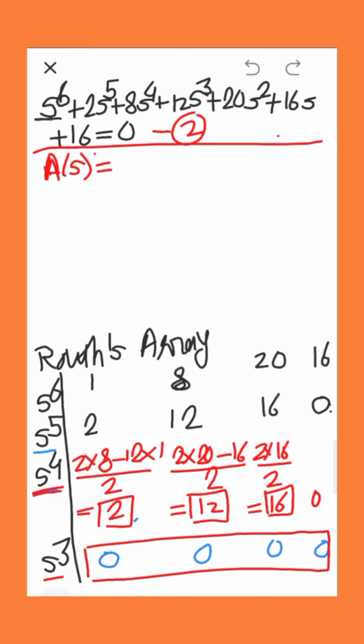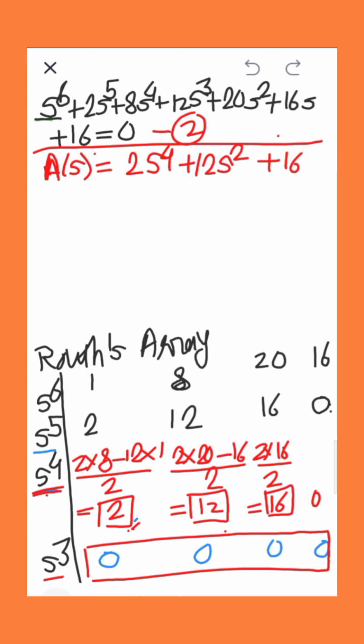Okay, how? See, the coefficients are 2, 12 and 16. Now this is 2 s to the power 4, starting with s to the power 4. Next is 12 s to the power square. Why s to the power square, not s to the power cube?